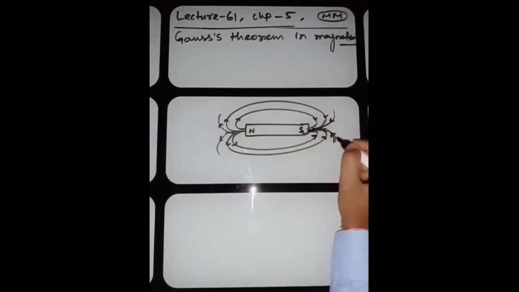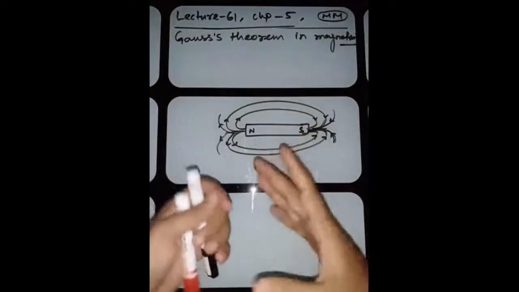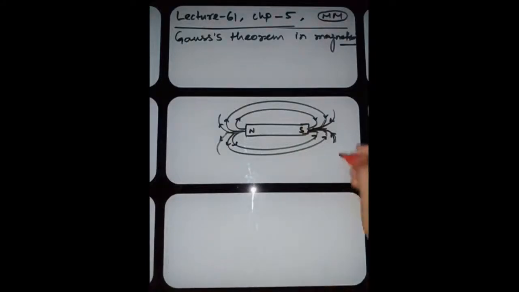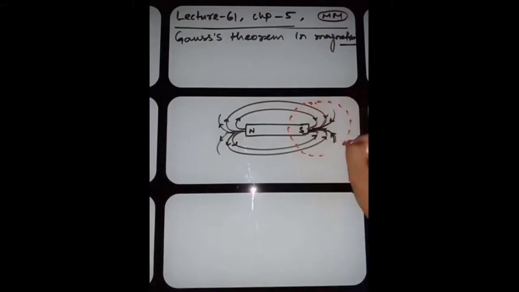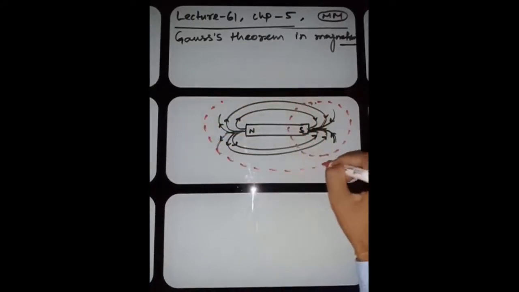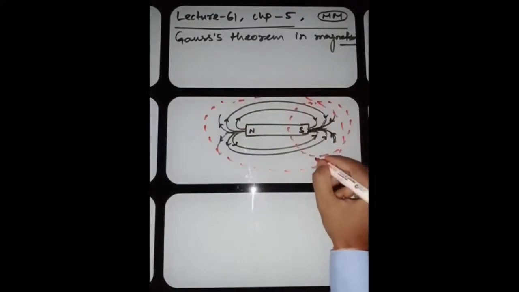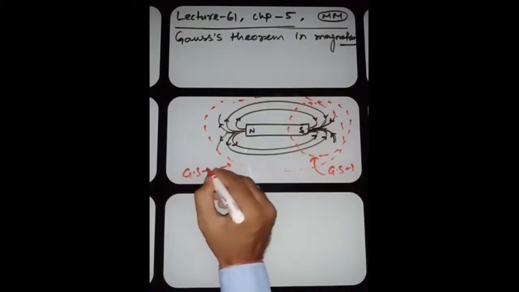Now, to apply the Gauss law, we know that we need to confine a Gaussian surface. Now, you can take the two Gaussian surfaces one by one. One Gaussian surface will enclose one end, or you can take, for your simplicity, the entire magnet inside the Gaussian surface. This is the Gaussian surface 1 and this is the Gaussian surface 2. One by one we will study.